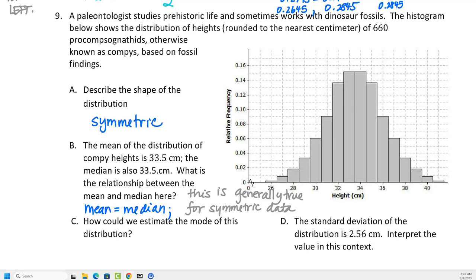Okay, so you're saying that the number would be the same as the mean and the median? I'm sorry, say that one more time for me nice and loud. Okay, the same number that's most frequent. So how do you see that on the histogram?